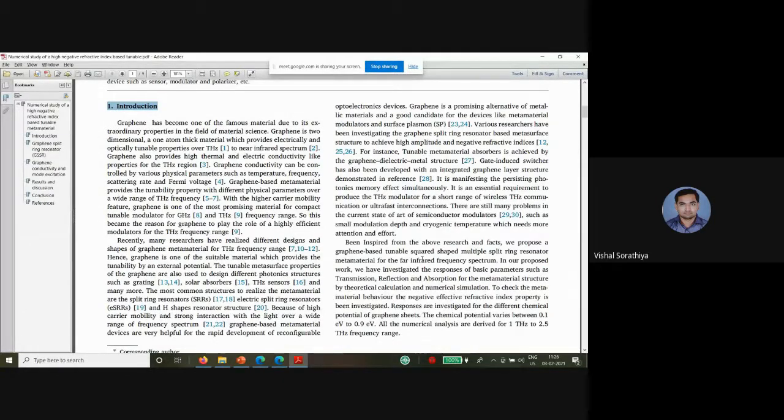And whenever I am writing this paper, the previously studied designs which are not similar to mine, all those supporting sentences are written in this introduction section.